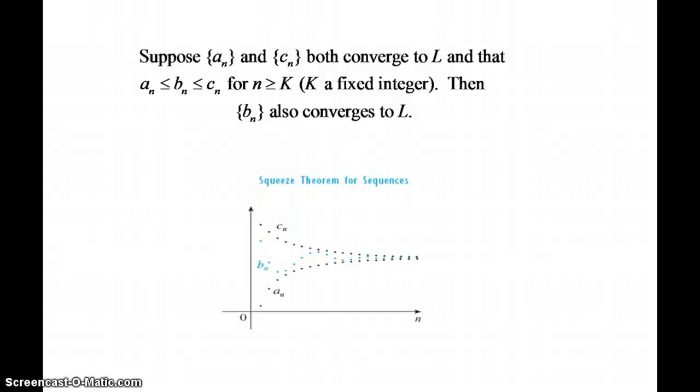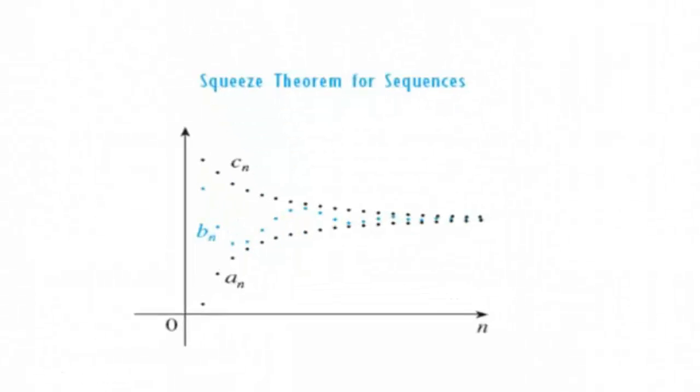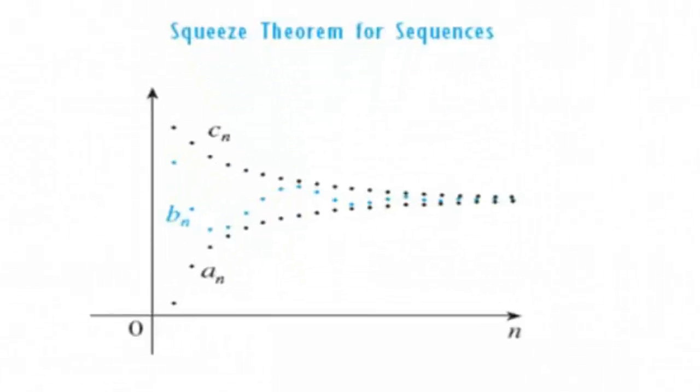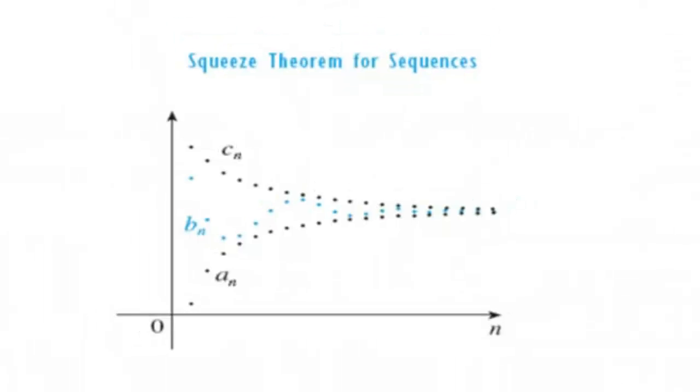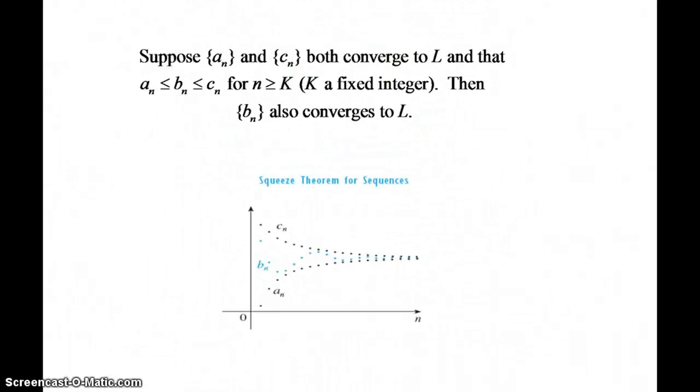If we have an nth term b sub n and we cannot figure out inside that limit what the terms are doing as n approaches infinity, then we could find a convergent sequence that is always smaller and another convergent sequence that is always bigger, as long as those smaller and bigger sequences converge to the same value. That's the secret to the Squeeze theorem.